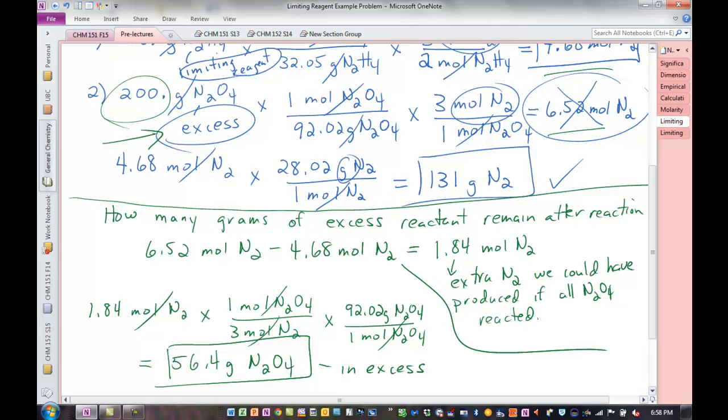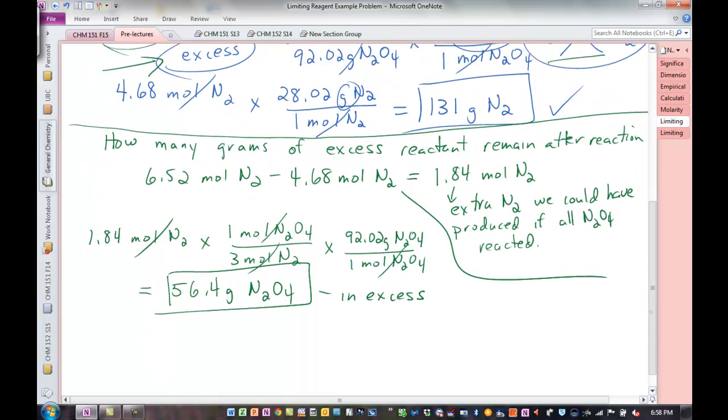We have 56.4 grams in excess left over. All right. Now, say you're taking an exam and you have more time. You've cranked through the exam, you've done great. You want to go back and double check your work. How could we check to make sure that that was really correct?